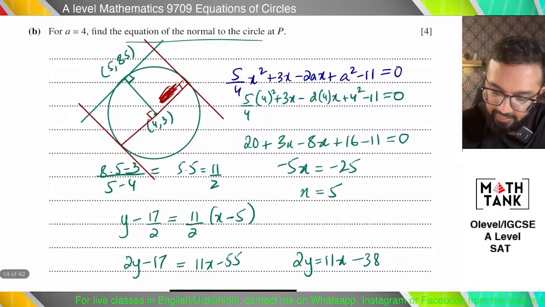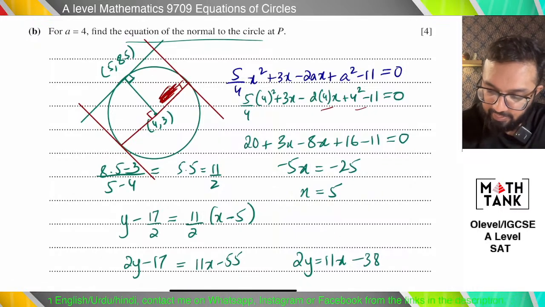It is 4, so 3x minus 8x plus 16 minus 11.